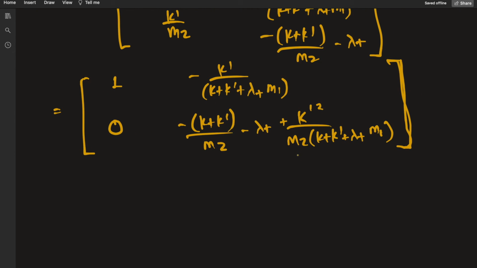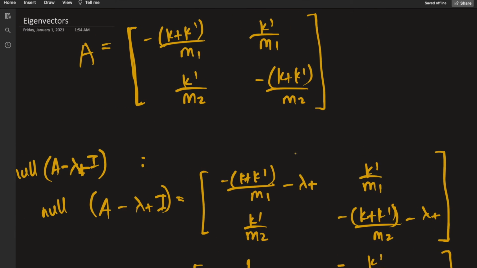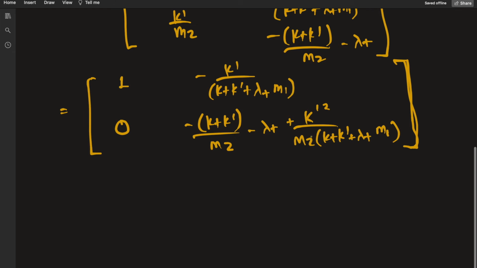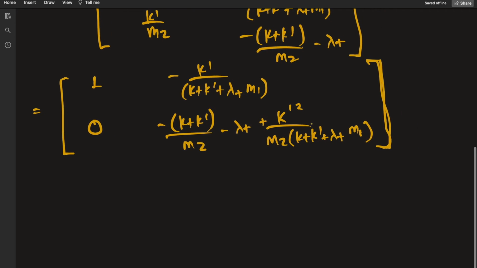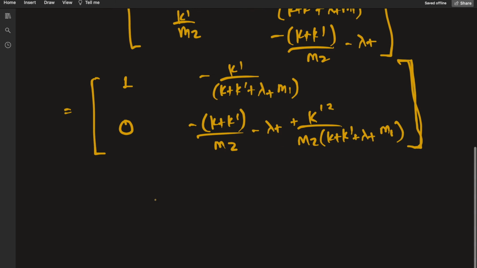This will reduce to the 2 by 2 identity, and then our eigenvector will just be the trivial case, which is the null vector 0 0, and we don't want that, right? If we find eigenvectors, the 0 0, the trivial case, is the most unwanted situation ever. So this means we have to assume that this bottom guy is 0, and it's a pretty valid assumption, at least in this problem.